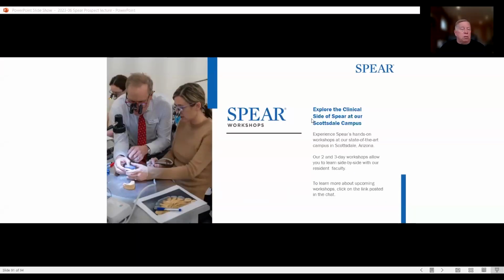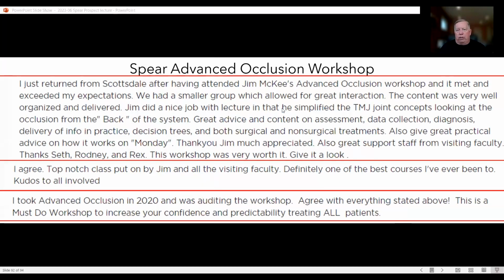The workshops at Spear, really the online or the in-person workshops, augment the online program so nicely. The advanced occlusion workshop is the one I taught. I just taught it a couple of weeks ago. I've got to tell you, we get really nice reviews for this. My goal in this course is to make this as turnkey as possible for you. There's a lot of forms in there. There's a lot of letters that you'll send out.